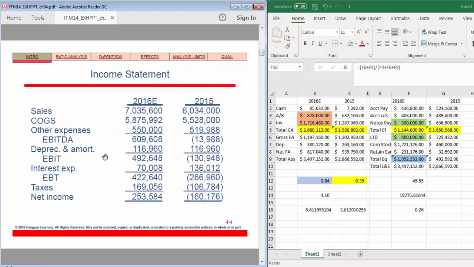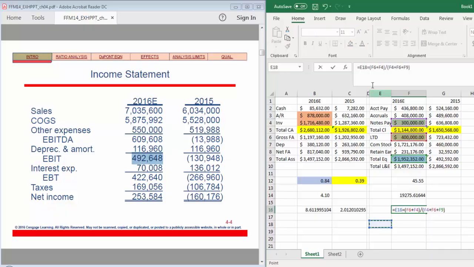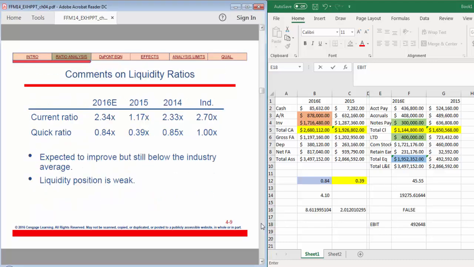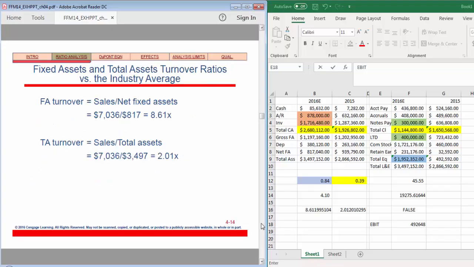So this is EBIT, from the income statement, 492,648. I'm just going to write it: 492,648. This is earnings before interest and taxes. And let's go back.